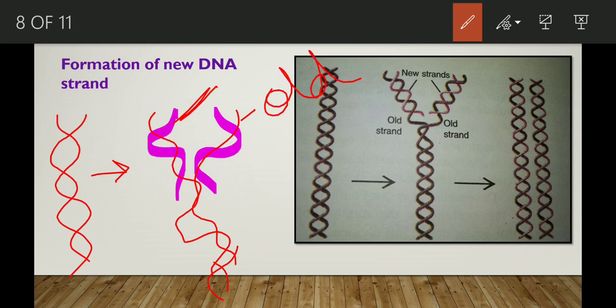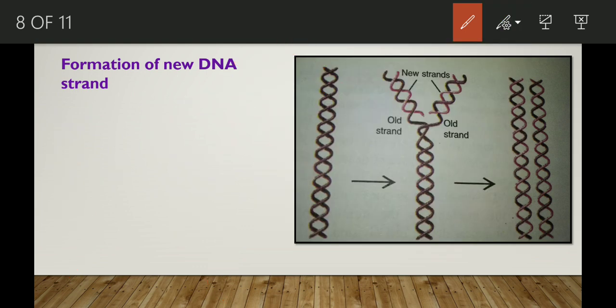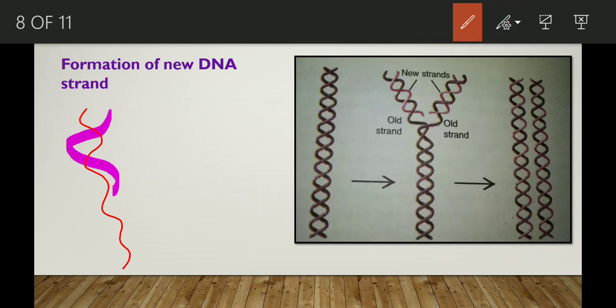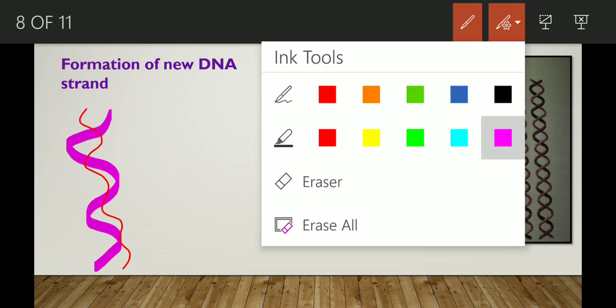The red one is the old and the pink is the new strand. Clear? And ultimately what will happen? The new DNA will contain one old strand and one new strand. And two DNA will be formed.